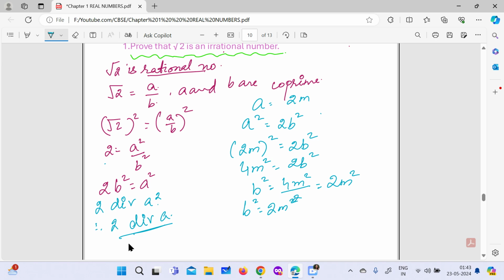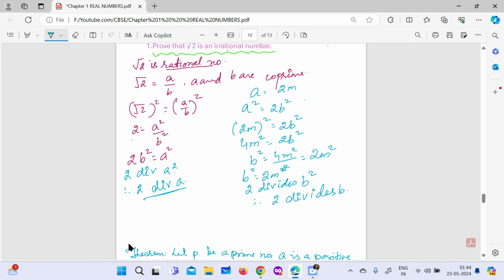Now with our previous theorem, if 2 divides b square, therefore 2 divides b. 2 also divides b. See, now here you can see 2 divides a and 2 divides b.